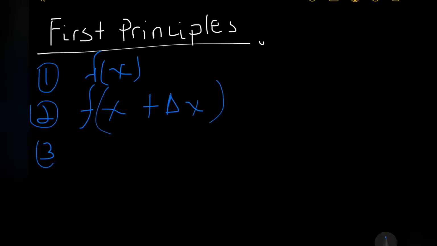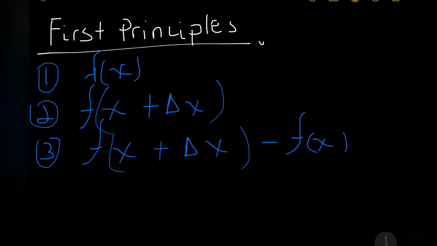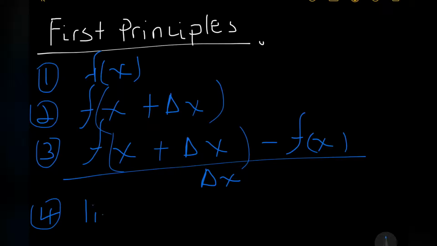Step 3, what we do, we subtract f of x from this function and divide by the small change in x. So f of x plus delta x, we subtract f of x from that and divide by delta x. For our last stage, we find the limit of this function in step 3.